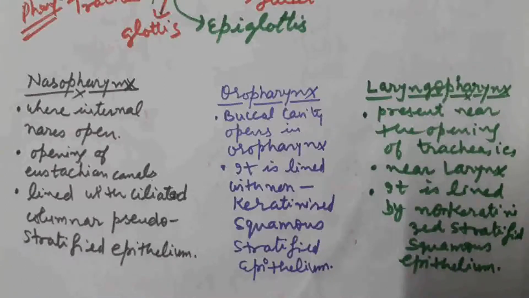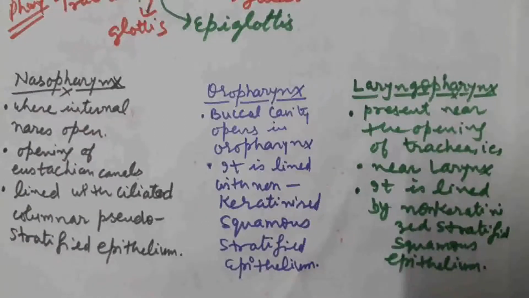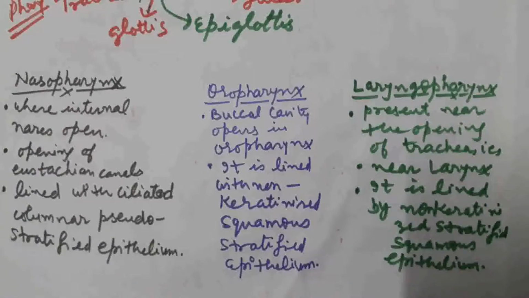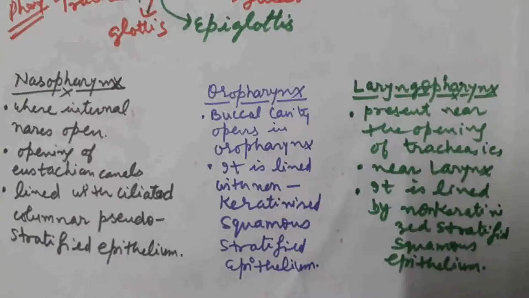Second region of pharynx is the oropharynx region, in which buccal cavity opens. It is lined with non-keratinized stratified squamous epithelium. And third part is laryngopharynx, which is present near the opening of the trachea, that is near the larynx. It is lined by non-keratinized stratified squamous epithelium.